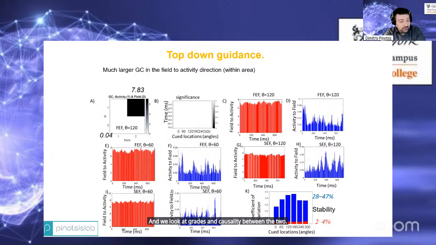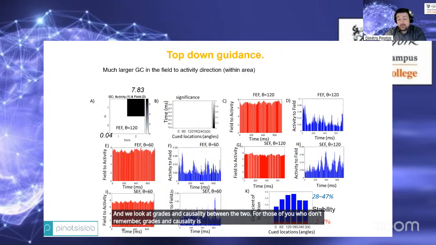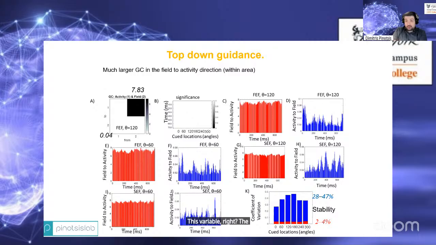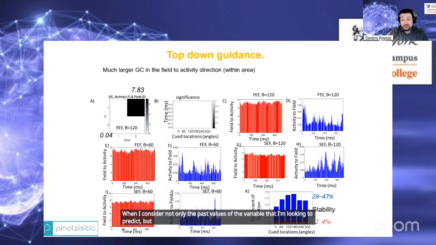For those of you who don't remember, Granger causality is an information theoretic measure that basically says: if I want to predict the value of a variable A, given past knowledge of this variable, the values at preceding time points, does this prediction improve when I consider not only the past values of the variable I'm looking to predict, but also the past values of some other variable?